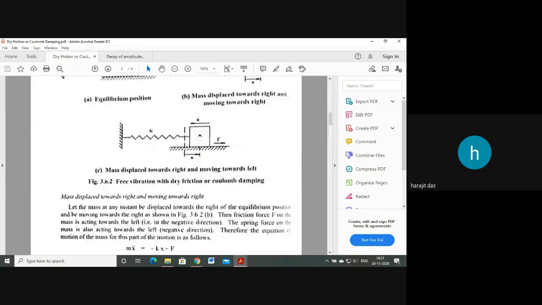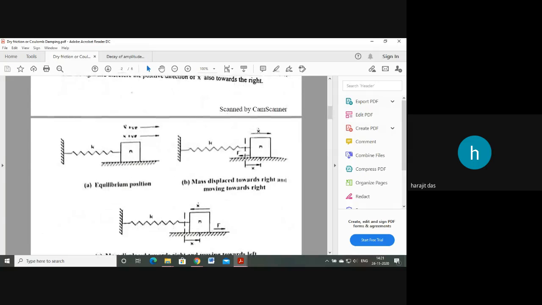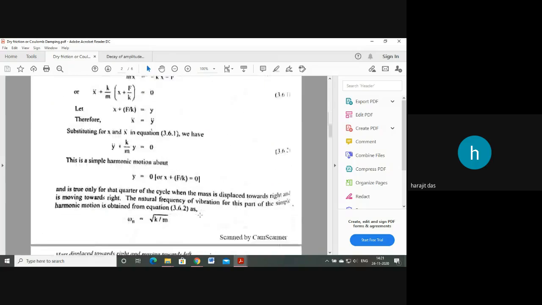Earlier, when the body was displaced towards right and moving towards right, the body was in simple harmonic motion with respect to the x plus f by k equals 0 line. Now, when the body is displaced towards right but moving towards left, in the next quarter cycle, the body is in simple harmonic motion with respect to the line x minus f upon k equals 0.